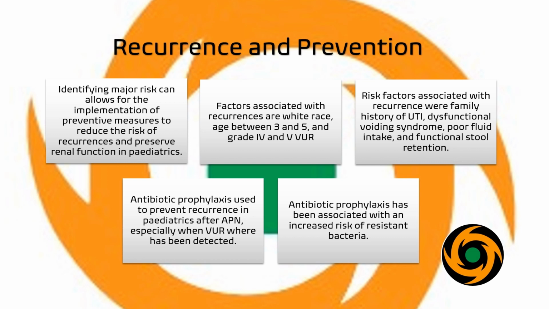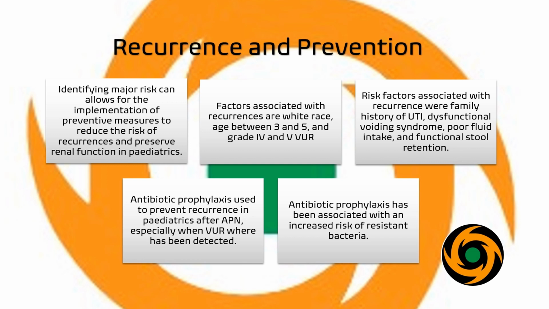Excuse me, risk factors associated with recurrence are also evident where there's family history of urinary tract infection or UTI, dysfunctional voiding syndromes, poor fluid intake and functional stool retention as well.